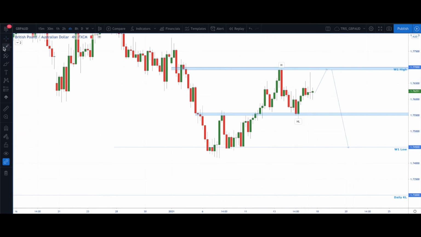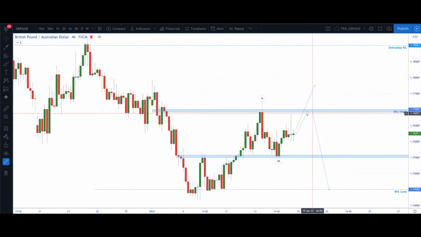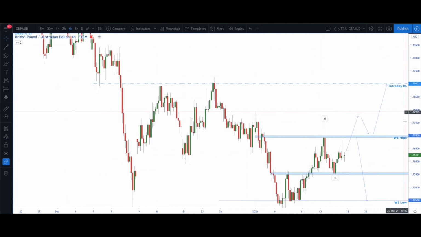Or are we going to push above this level and then find some support, make a new higher low, so the market structure will continue up? Then we could actually go to the next level, which is around 179.